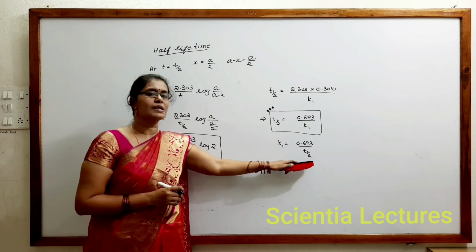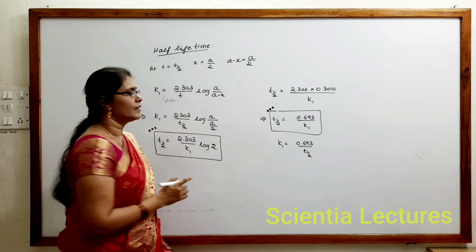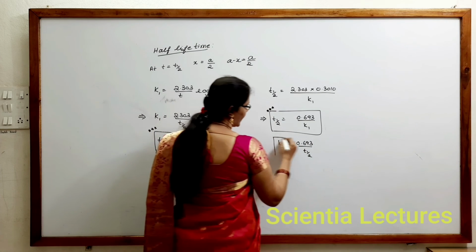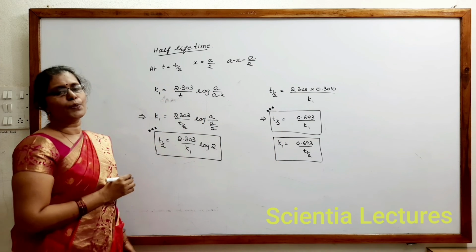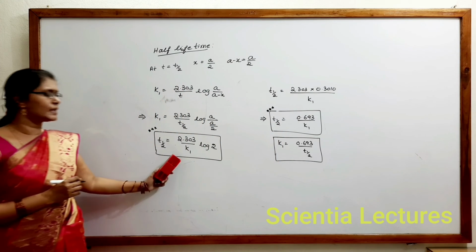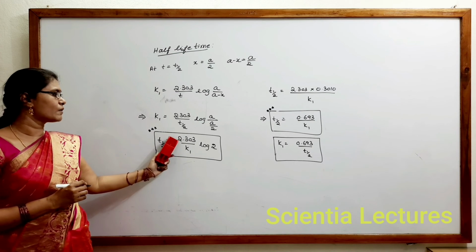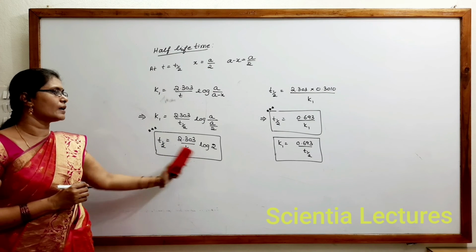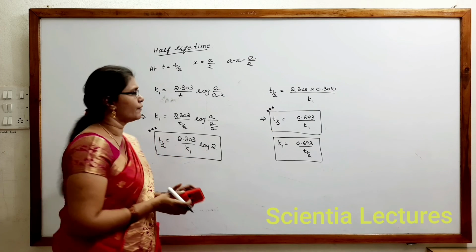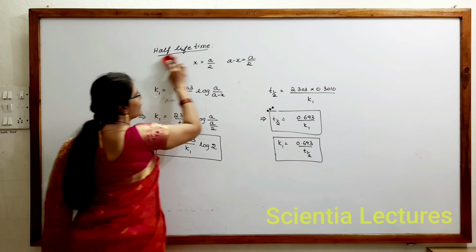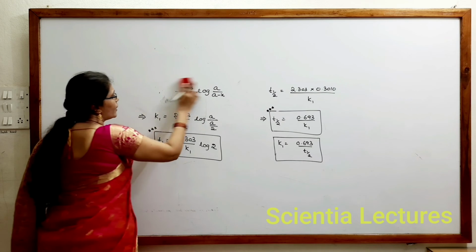Remember these conditions: T half must be equal to 2.303 by K1 log 2, and T half must be equal to 0.693 by K1. This is the half-life time of a first order reaction.